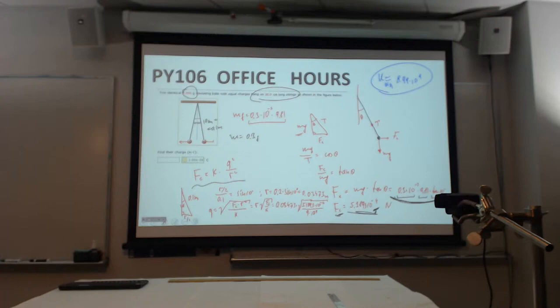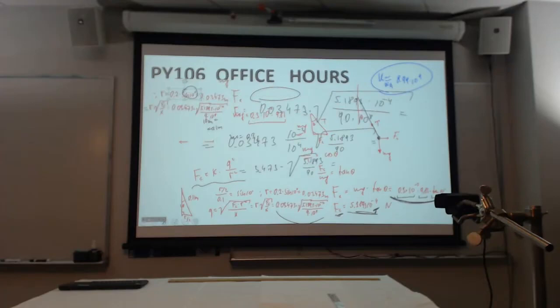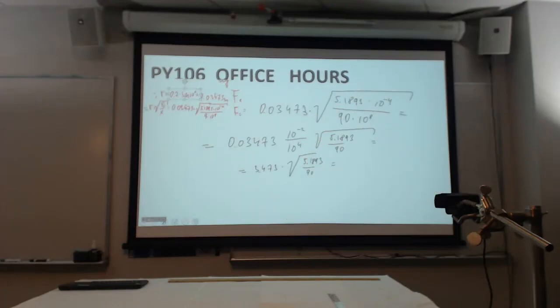And now this one. One more time: distance, force, constant. Square root of 10 to the 8 gives 4. Square root of negative 2.